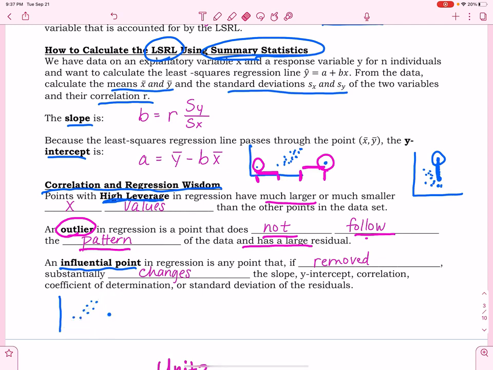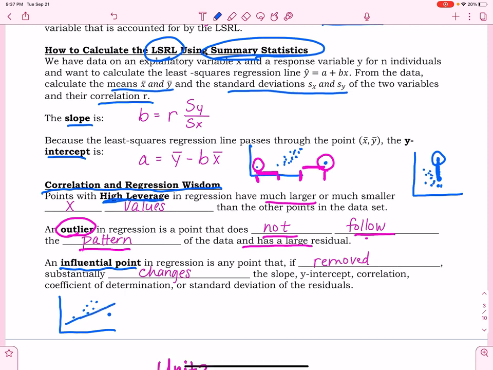I want you also to notice that should it be taken out of the data, it will affect the LSRL. So this point right here, because it's farther to the right than most of the other points, it's outside the pattern of data and has a high residual. It is also going to be influential because my LSRL is going to be pulled toward that point.